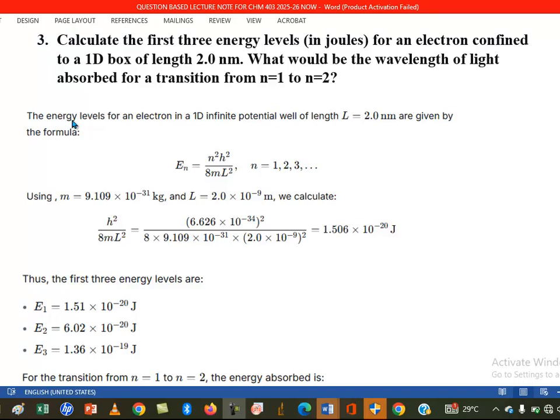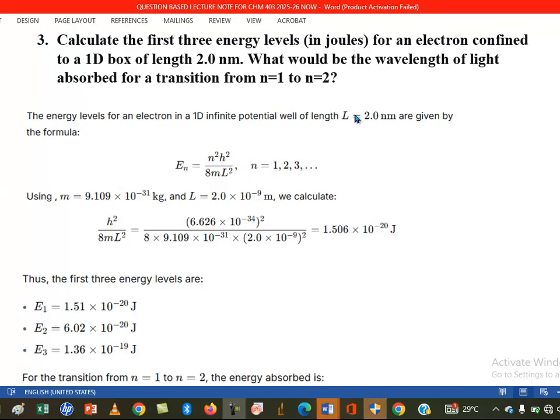So you need to bear in mind a particular equation, which is En equals n squared h squared over 8 m L squared. Remember, you said for the first three energy levels, right? So that means your n equals 1, 2, and 3. So bear that in mind.